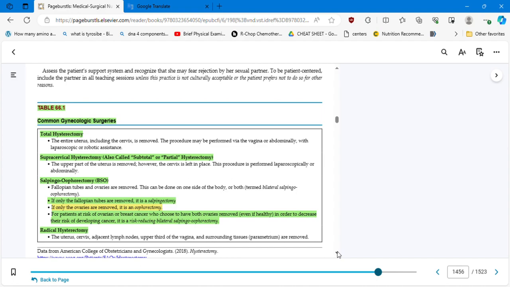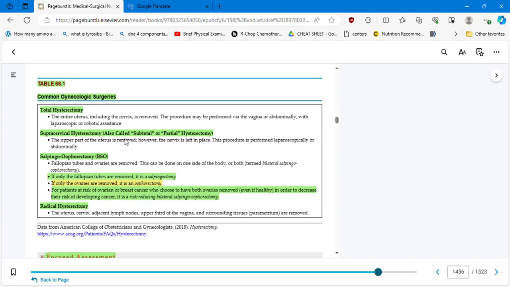Common gynecologic surgeries: you have total hysterectomy, the removal of the entire uterus, including the cervix. And we know that the cervix is the door, the entrance to the uterus, right? It is this very shiny donut shape that you can see at the beginning of the pathway that is the entrance to the uterus, right?